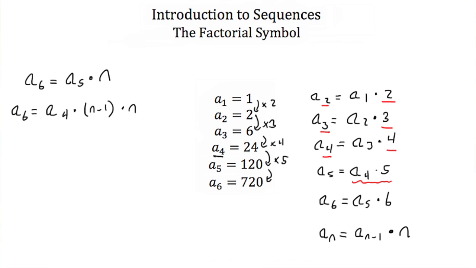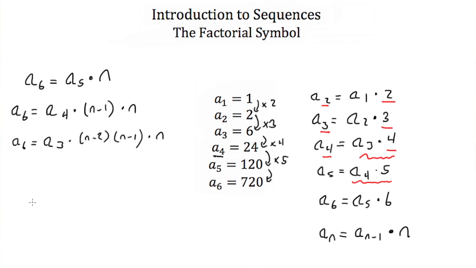If I plugged in all of this for A4, I would have A6 is equal to A3 times 4, which would be n minus 2, and then still times 5, so n minus 1, and then times 6, so times n.